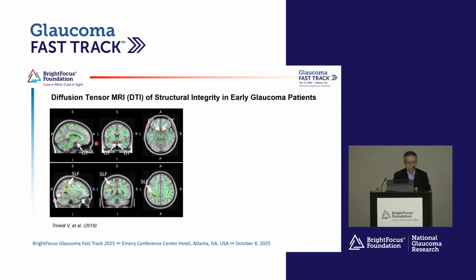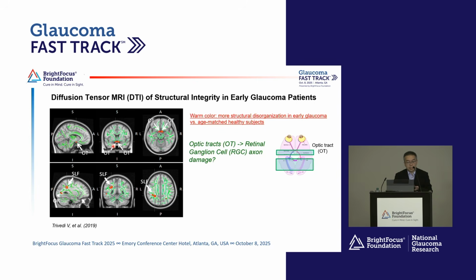And here you may notice that in the warm color, this is an early glaucoma group versus healthy control groups, which suggests that not only in the optic tract, which is connected to the retinal ganglion cells, suggesting damage along the axons, there are also optic radiations, which require transsynaptic transport. That is also structurally disconnected or disorganized, which may suggest there's also transneuronal or transsynaptic degeneration.